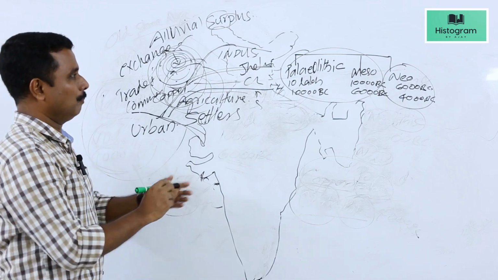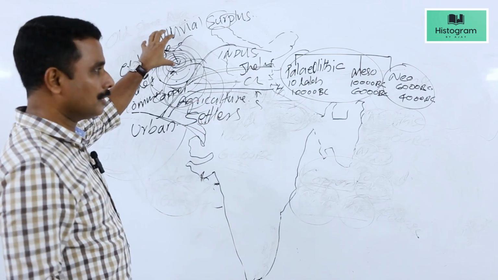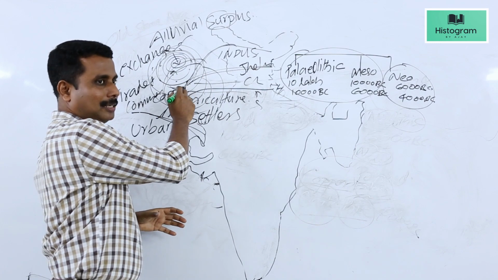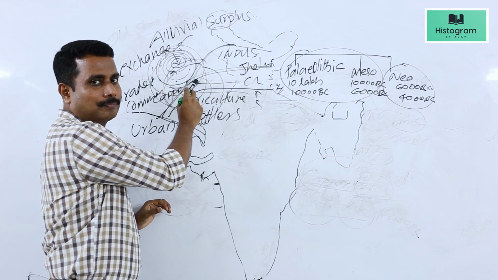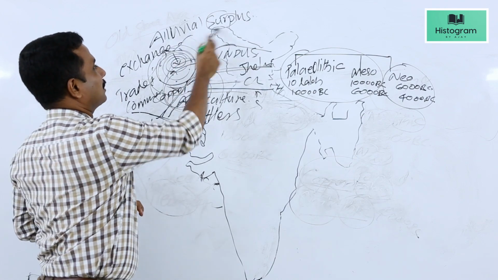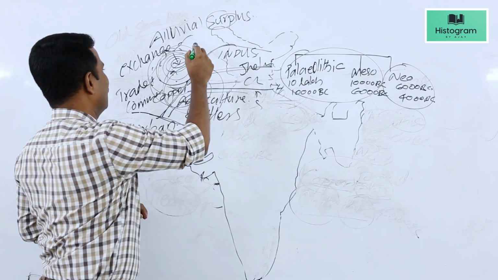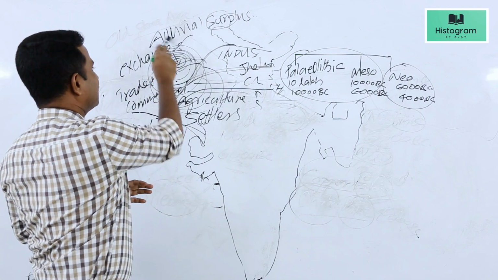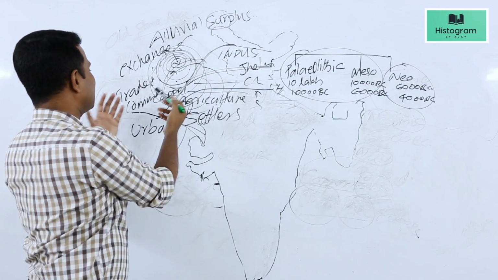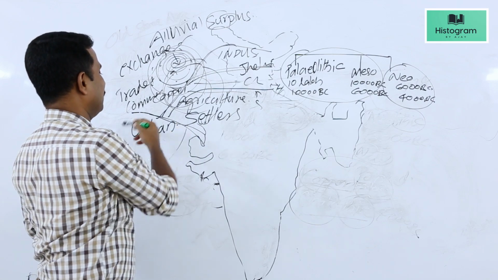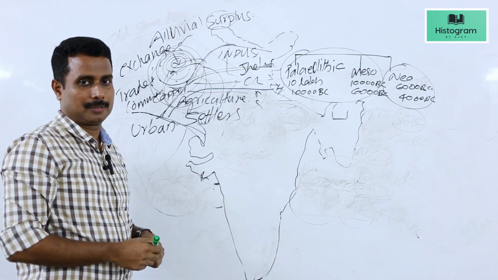Simply put in other words, the Neolithic people who had been practicing agriculture in the fertile river valleys of the northwestern part of India produced agrarian surplus, which enabled them to exchange it, leading to trade and commerce, and this trade and commerce led to urbanization or urban growth.